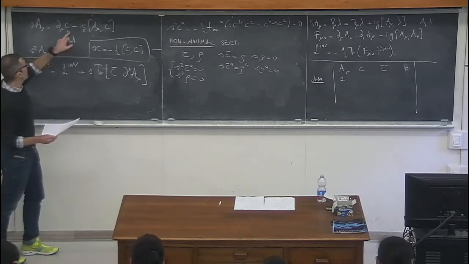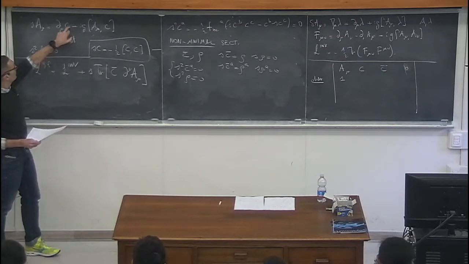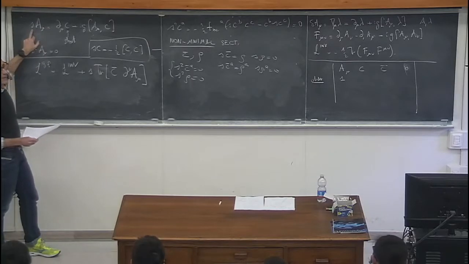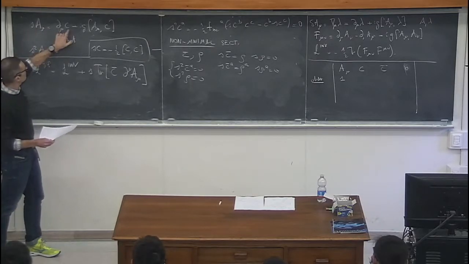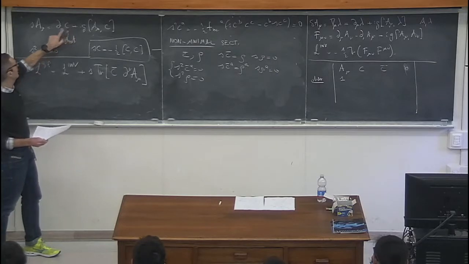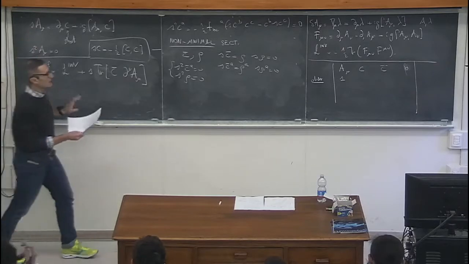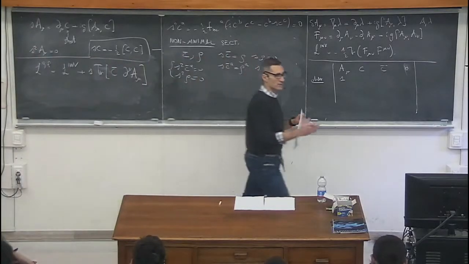Sometimes it's better to keep this as a dimensionless parameter and the BRST transformation dimensionless, or in other cases it's better to use this as a dimensionful parameter, and the BRST transformation has dimension 1. It's a matter of how you regularize the theory.